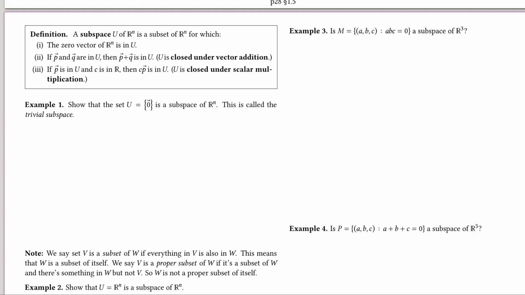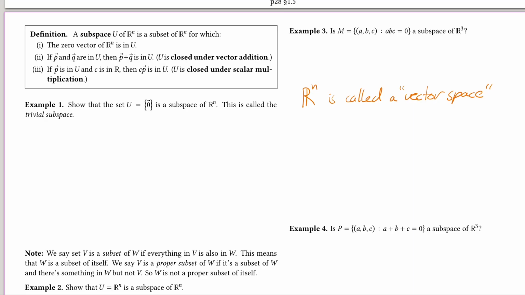So yeah, 1.5 is about subspaces of Rn. Rn is called a vector space. We're going to look later on, in chapter 7, at the formal definition of a vector space in general, but basically it's a collection of vectors that satisfy some properties.